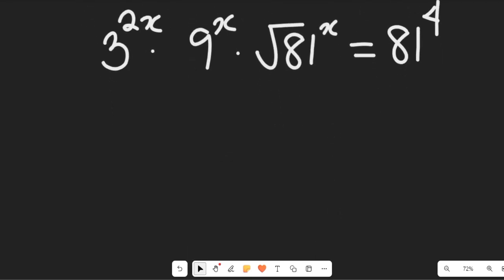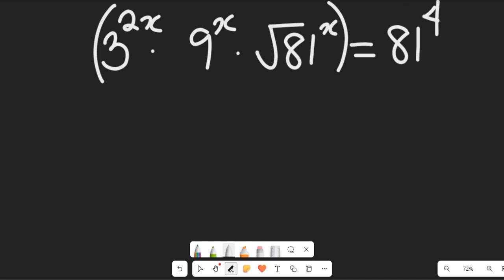Good. Now, from this expression, we are going to simplify further. If we simplify further, we're still going to take the square of both sides. So if we take the square of both sides, all these are squared, right?